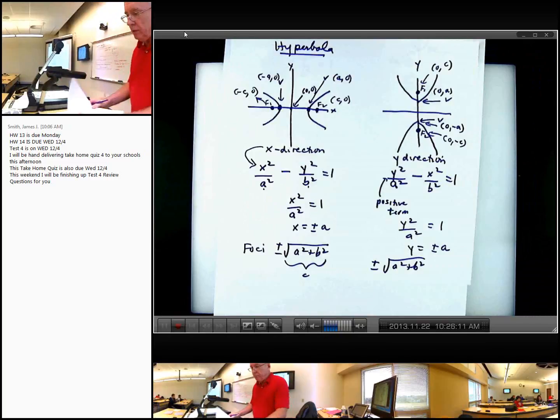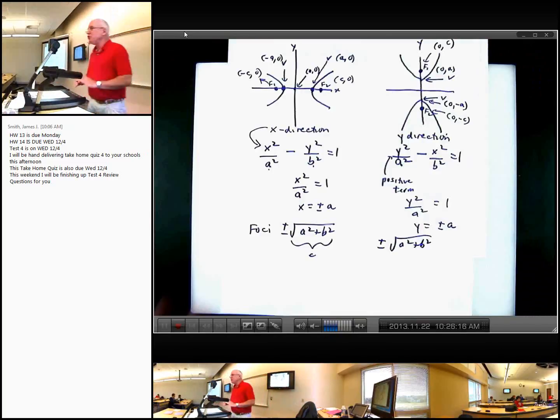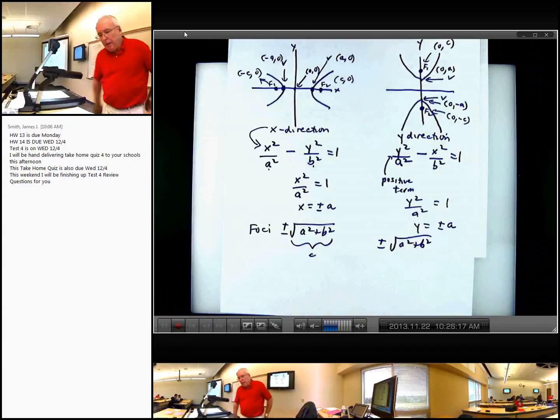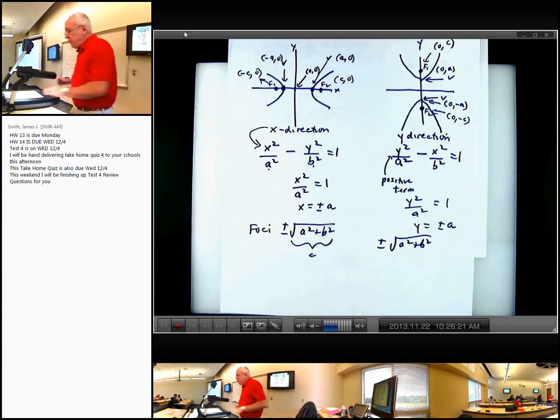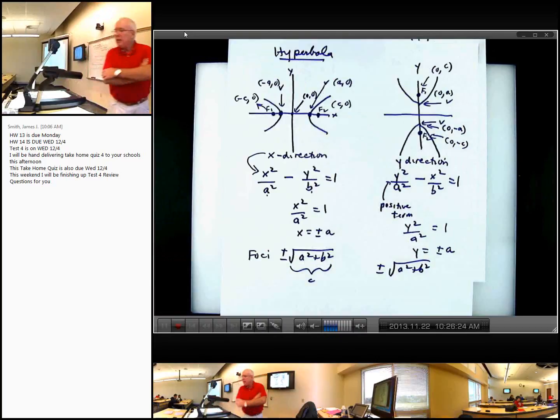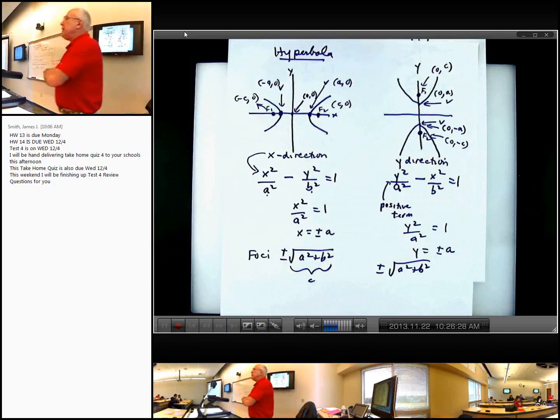We're going to get to a couple of exercises in just a minute. There's one other thing that hyperbolas have that the other two don't have, and that's an asymptote.